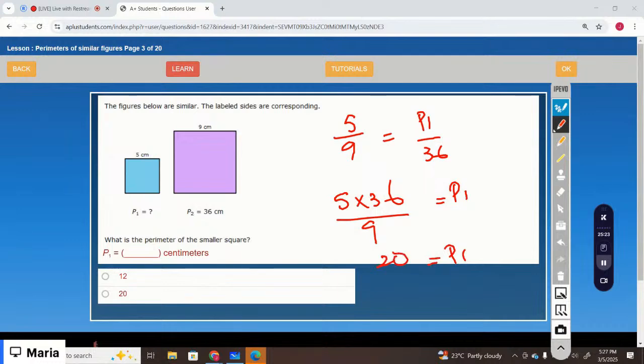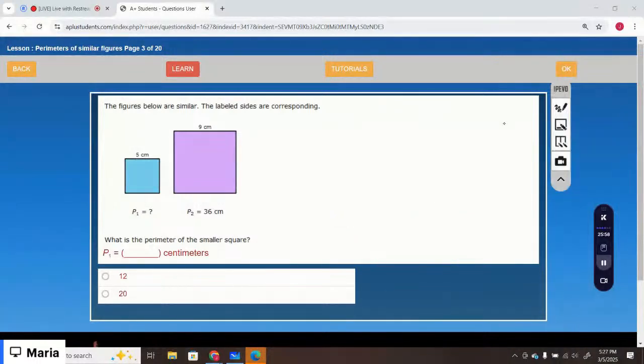Option number 2 is the correct option. That is 20.